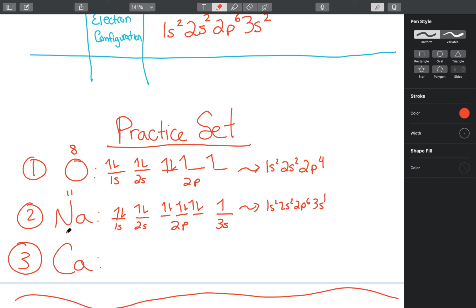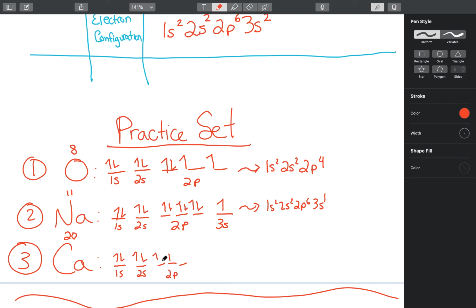So lastly, let's do calcium. Calcium is a little tricky because we have a 4s orbital in there, but we'll get to that. So calcium has 20 electrons. So let's start off with our 1s. So 1, 2, 2s, 3, 4, and then our 2p. So 2p.